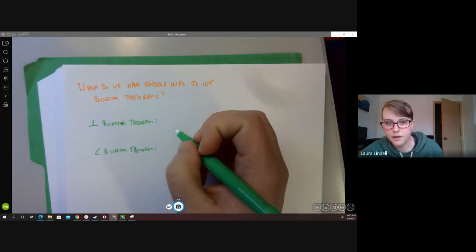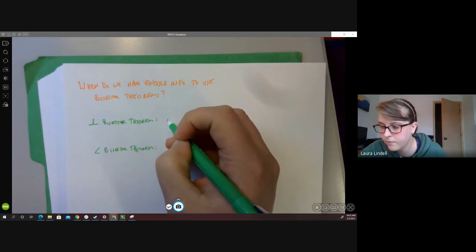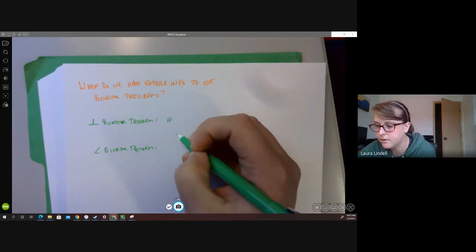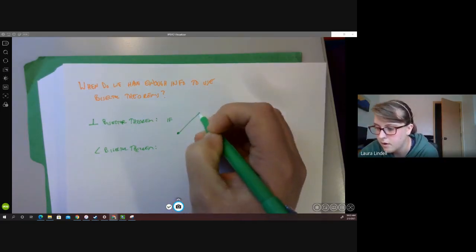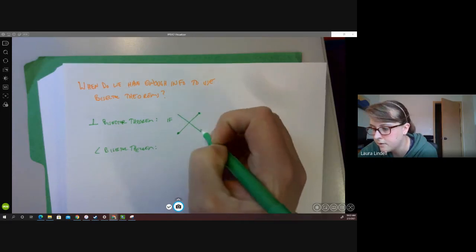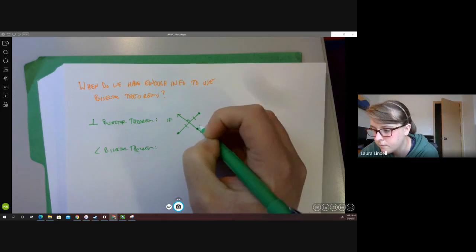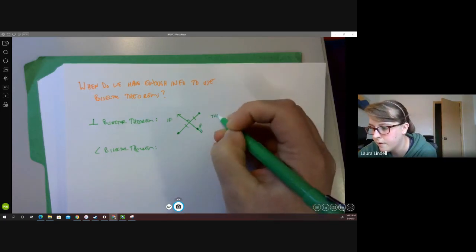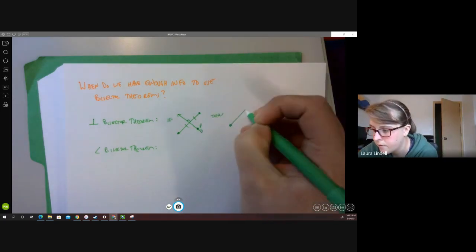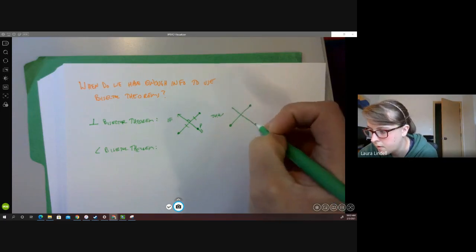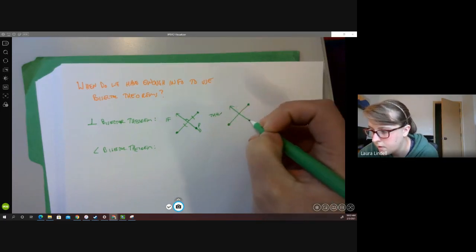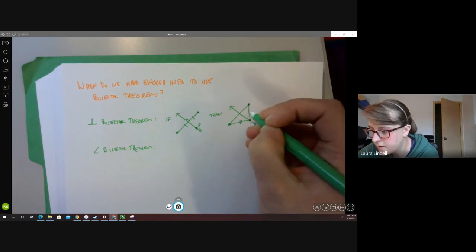So that was, if we have a point on the perpendicular bisector, then that point is the same distance to the ends of the segment.